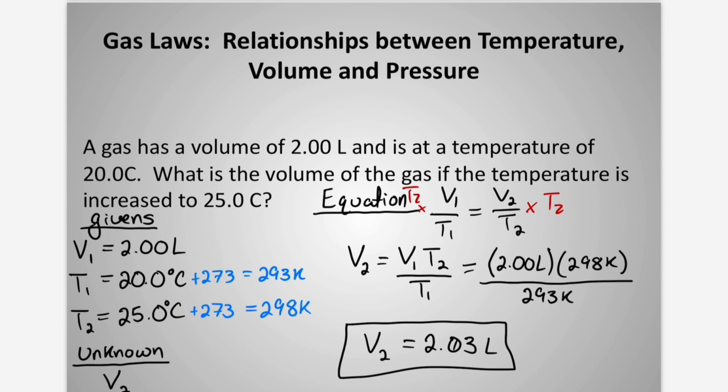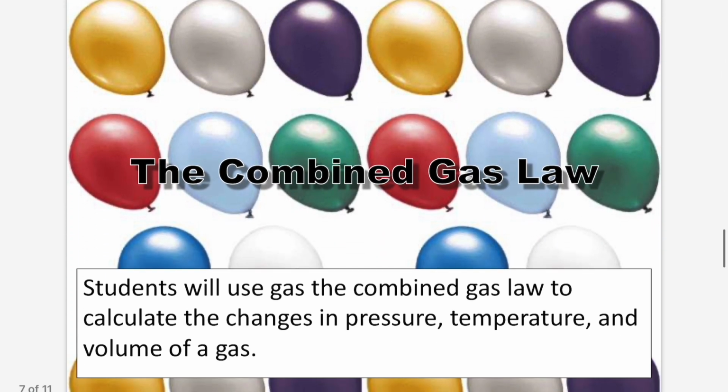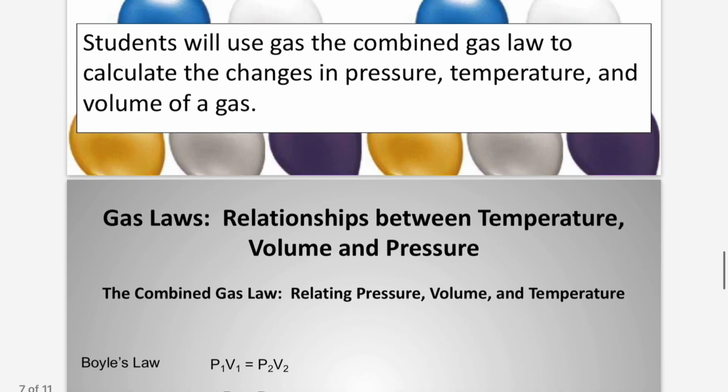Now, one thing we should have noticed is that all of our gas laws are very similar, and they're all relating the same 3 things: pressure, volume, and temperature. Because of that, we are actually able to combine all 3 of those gas laws into just one gas law equation that we call the combined gas law.